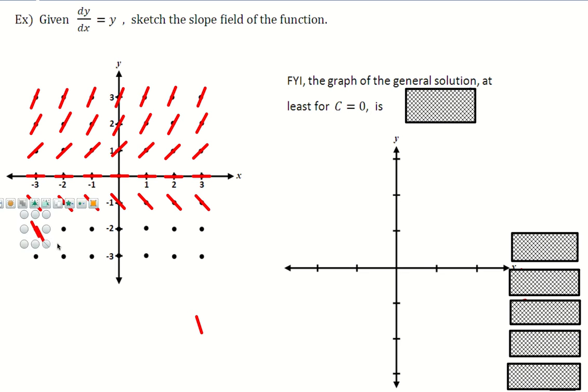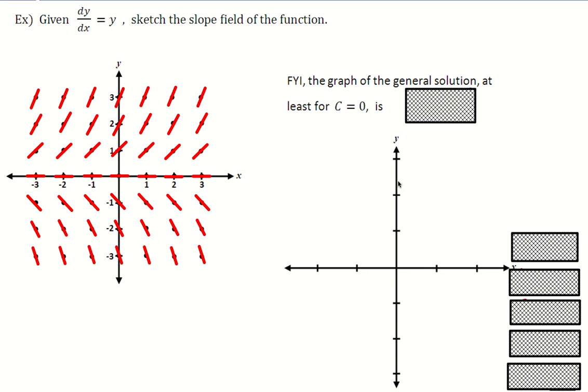These would all be -2 because all these y coordinates are -2. And -3, -3 over 1. Remember, positive slopes go uphill. Negative slopes go downhill.